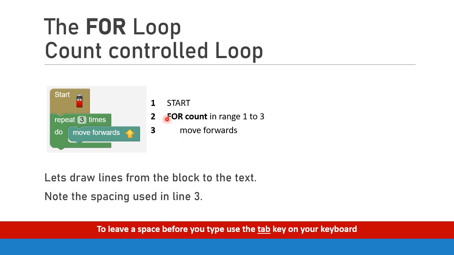So this bit of code will tell the computer that we need to move forwards 3 times. Notice how the block code also gives you this help by going, well, look, that instruction is 1 space away from the start, just as this is there.